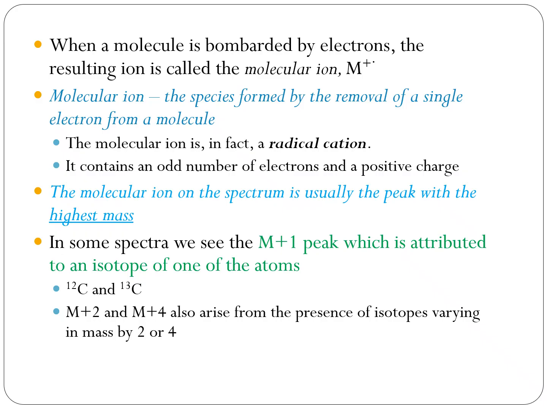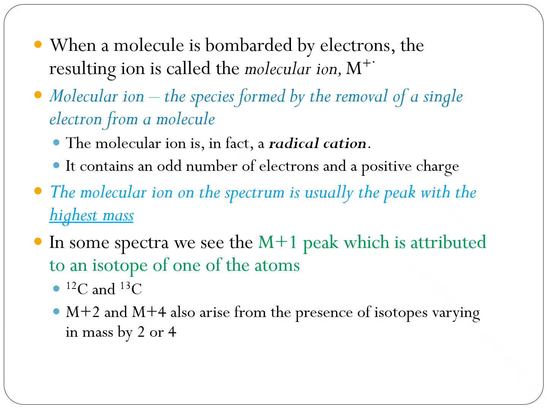And that tends to be the ion or the part of the spectrum where we find the peak with the highest mass. So in most cases, you will look to the right of your molecular mass spectra, and that cluster, if there is more than one peak, is going to be an identifier of your molecular ion peak.